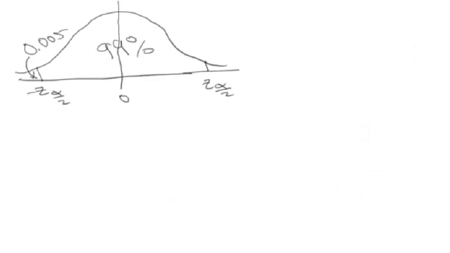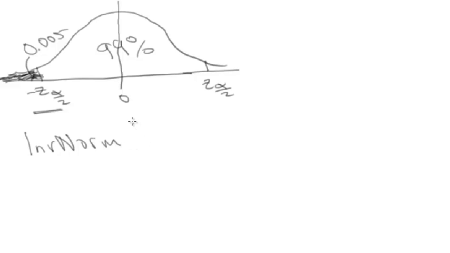So if you know the area, aka the probability, aka the percentage or the proportion, under the curve and you want to find a data value, you use inverse norm.